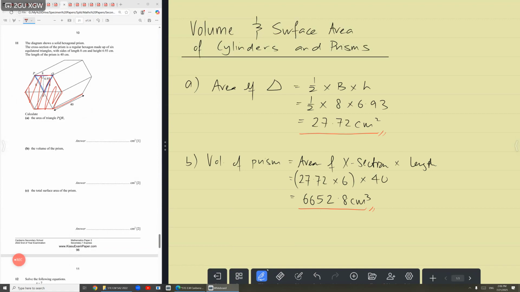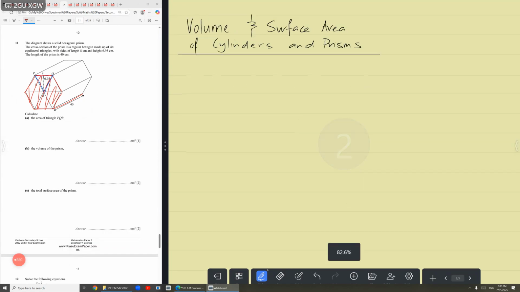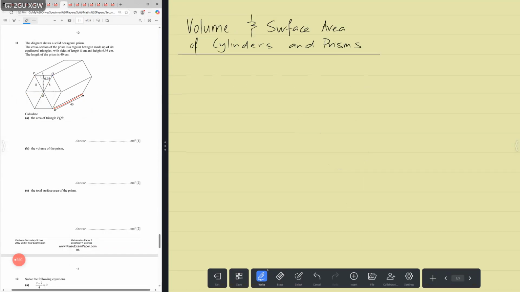All right. Let's look at part C, the total surface area of the prism. So the total surface area of the prism is simply made up of all those 6 rectangles. Okay, let me show you, let me highlight to you in yellow.